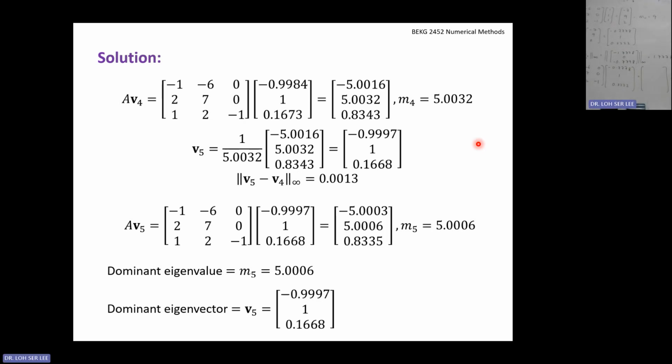The last V will be your eigenvector. Okay, the one when you see that this error is less than the given epsilon, the V will be the dominant eigenvector, V5. So the corresponding eigenvalue will be M5. Okay, M5. So that's why you need to carry out this AB5 to get M5.